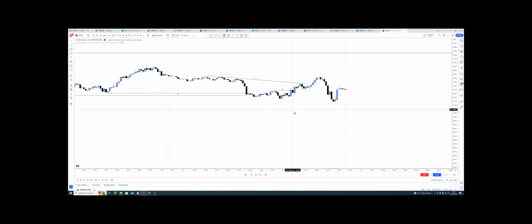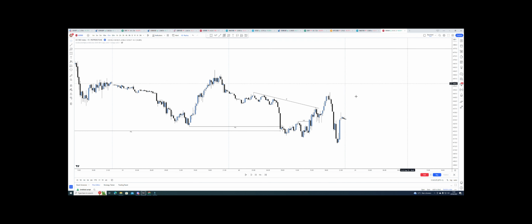But it just goes to show you why it's always important to TP at the next opposing array. I could have just said it's going to go for there, but obviously it would not have got even halfway towards my TP, and then it reversed. So you always have to be content with what the market gives you. I just always TP at an opposing array, somewhere where I know price is definitely going to hit.